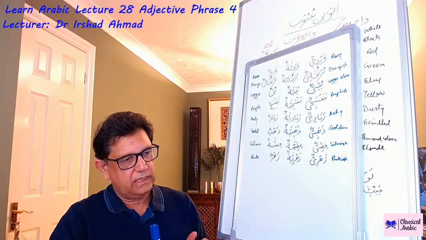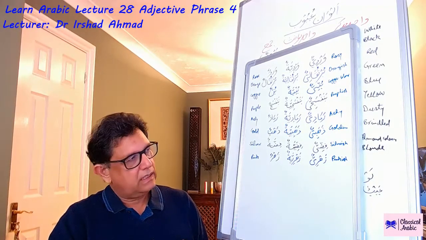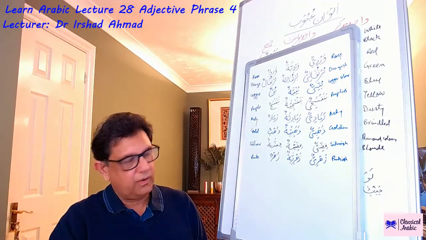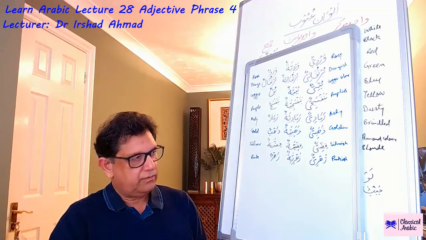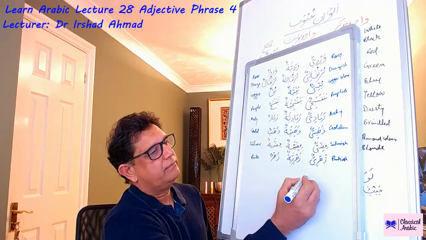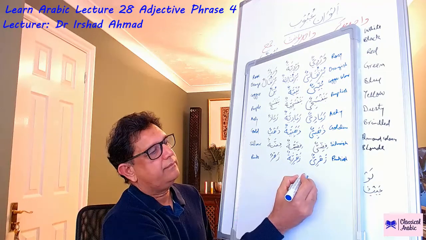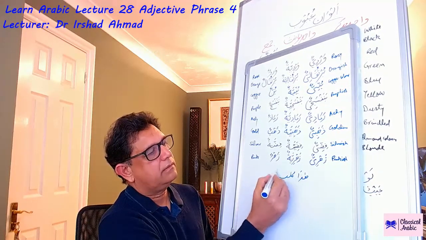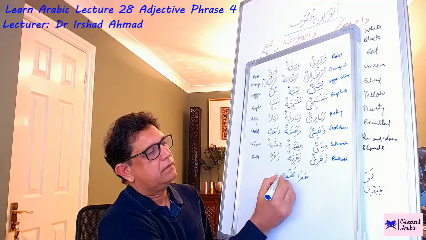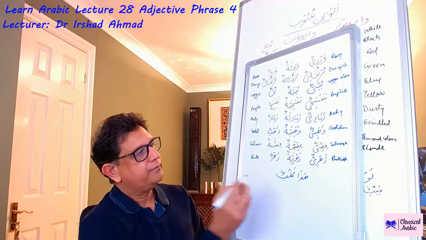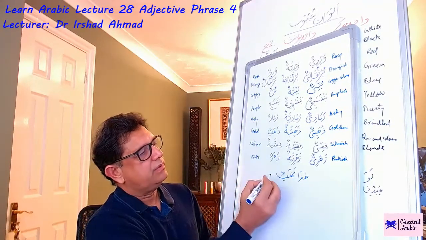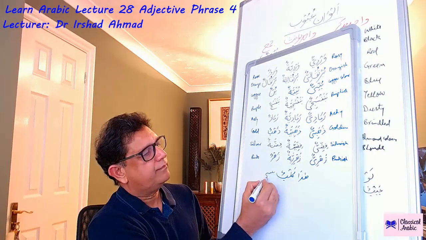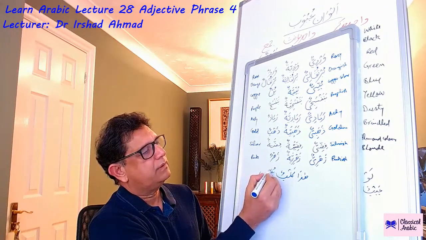Let's say we want to say this is a brown dog, for example. So we will say haza kalbun buniyun.